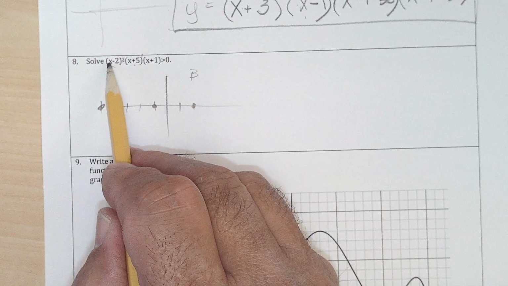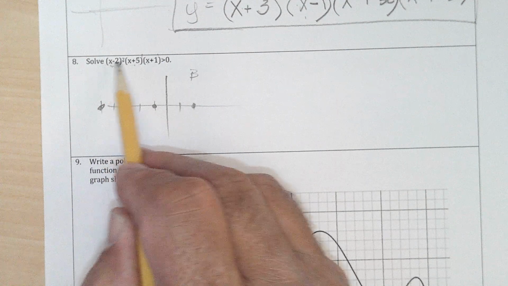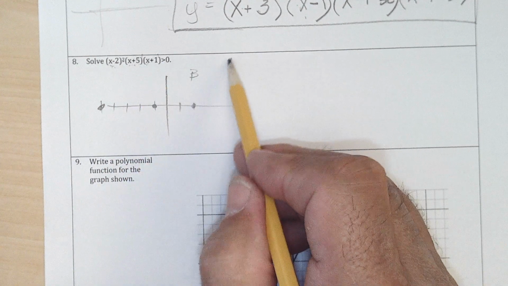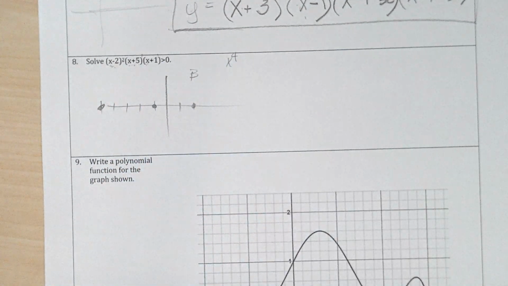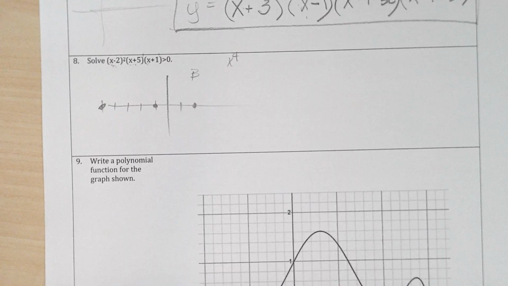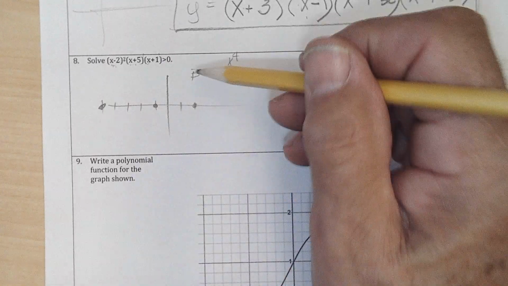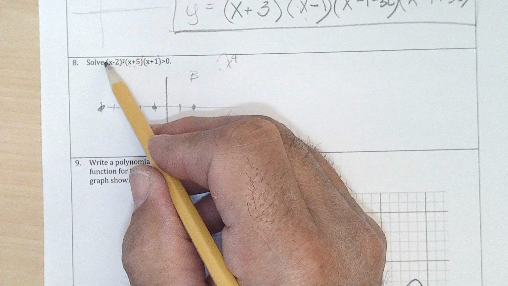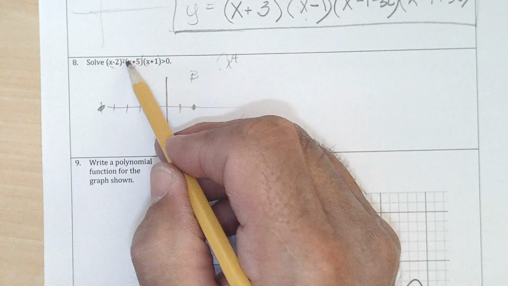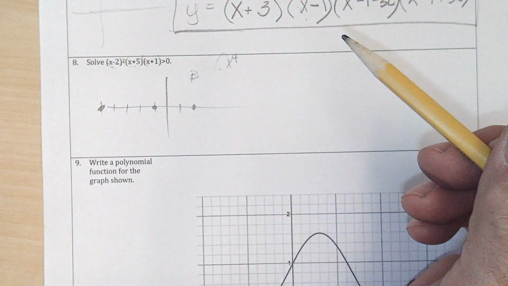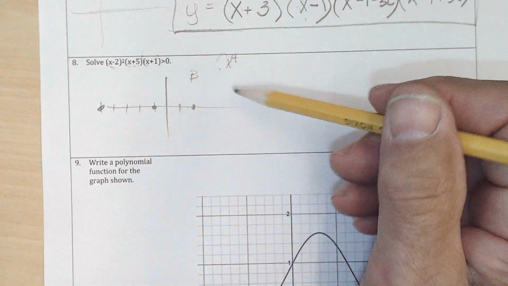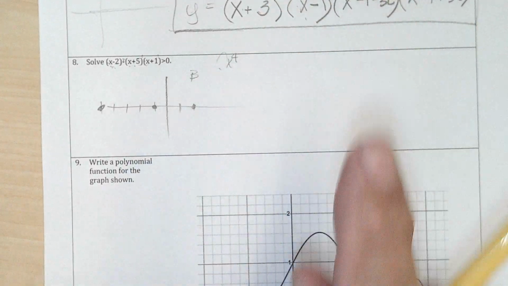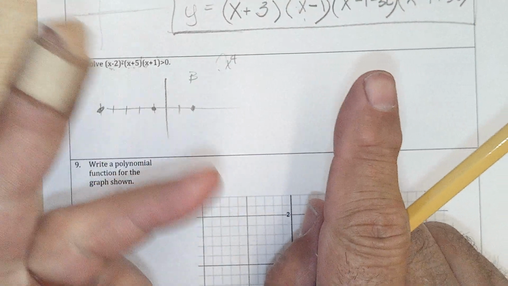And if I look at the x's, I got x times x times x times x. I got x to the 4th in this polynomial. If I multiplied it out, it would be positive in front of there because it's a positive in front of that, and in front of that, and in front of that. So a 4th, both sides would be going up.